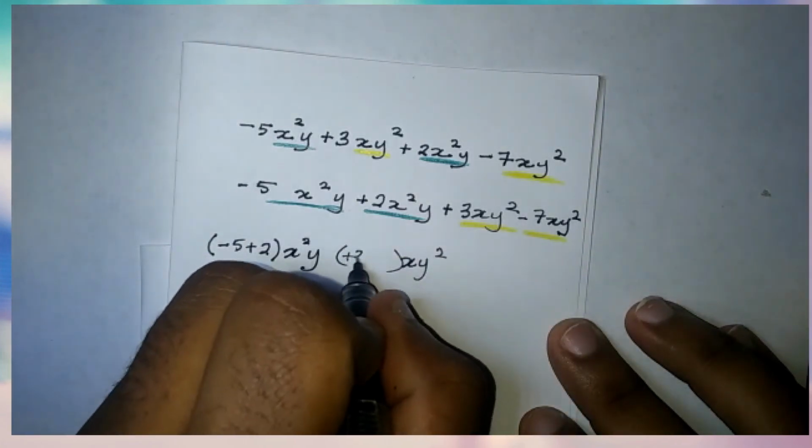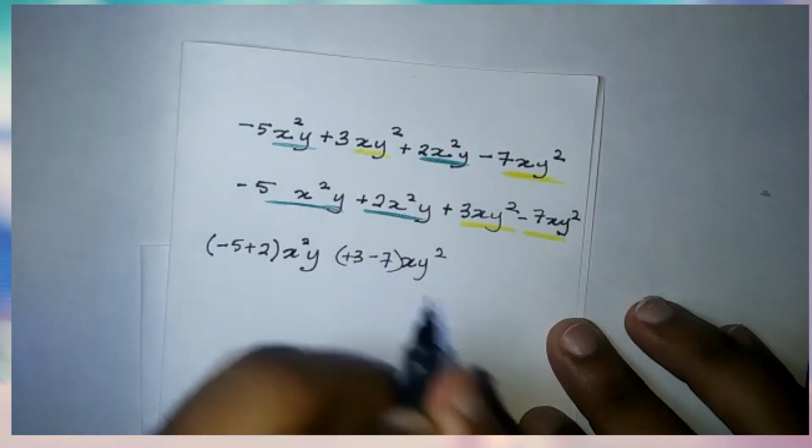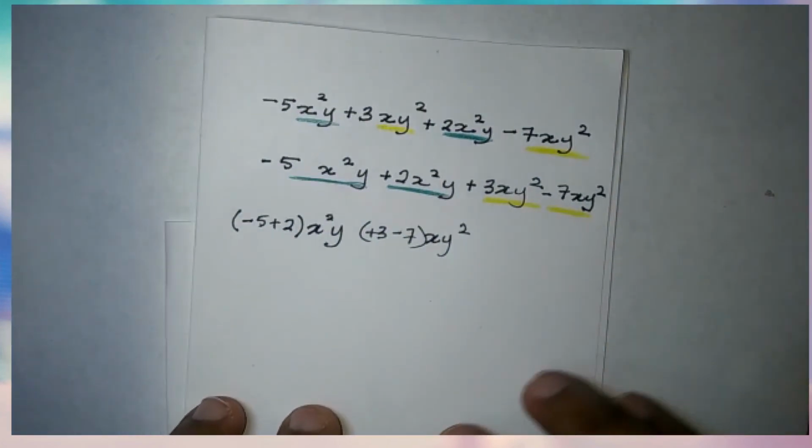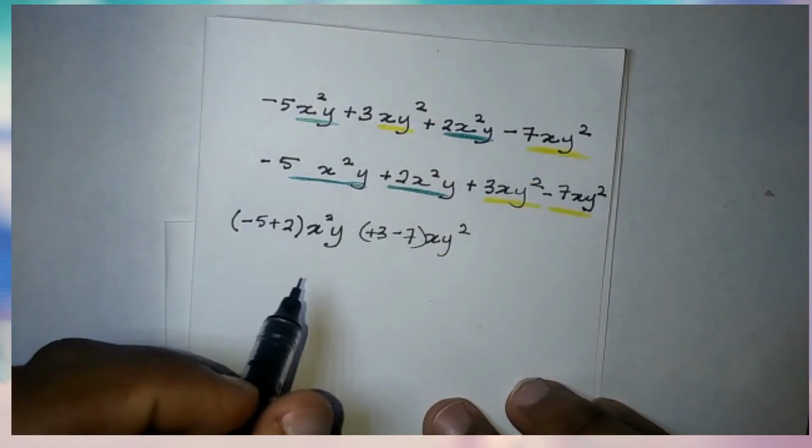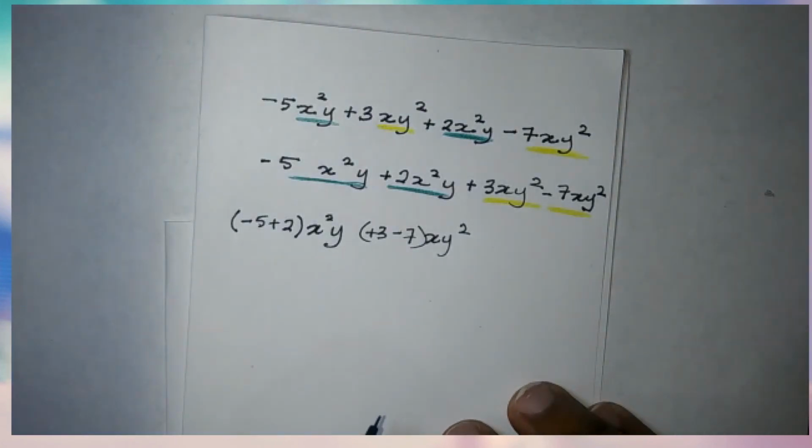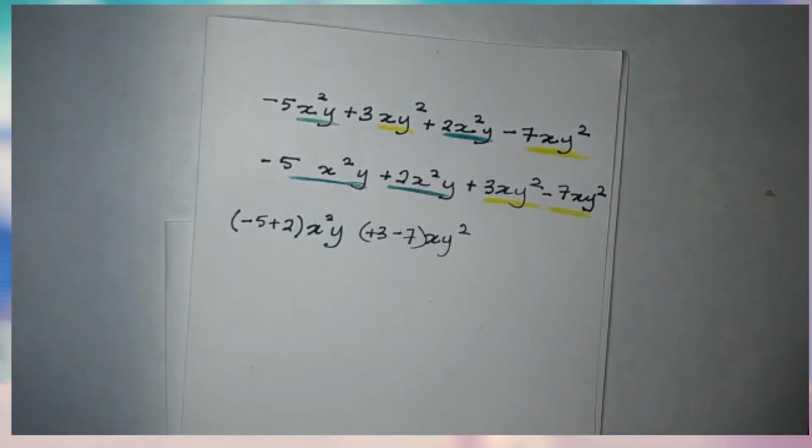Positive 3 minus 7. There you go. Now, think about it. You owe somebody $5 and you pay them $2. That means you're still going to owe them because you pay them less than what you owe them. The fact that you owe them, you're going to get a negative. But how much? Let's work it out.